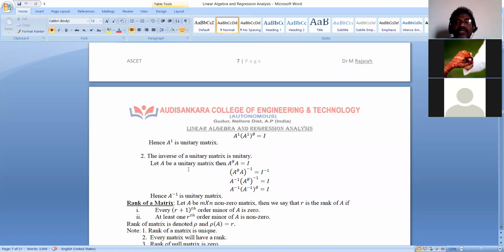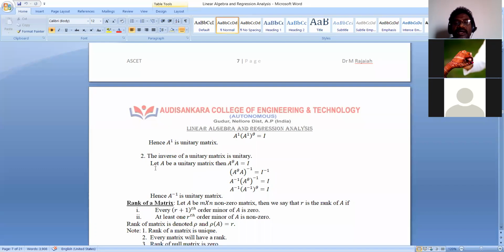Next, the inverse of a unitary matrix is again a unitary matrix. Let A be a unitary matrix, then A^θ A = I. Taking the inverse, (A^θ A) inverse = I inverse = I. By the basic properties of inverse of products, this reduces to A inverse (A^θ) inverse = I, that is A inverse (A inverse)^θ = I. So A inverse is again a unitary matrix.